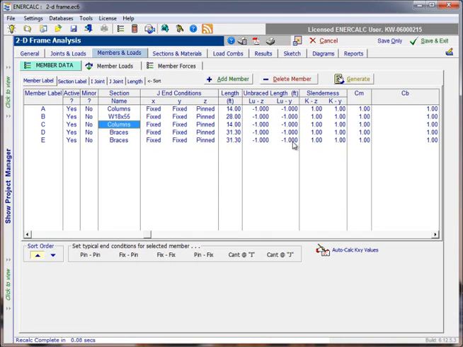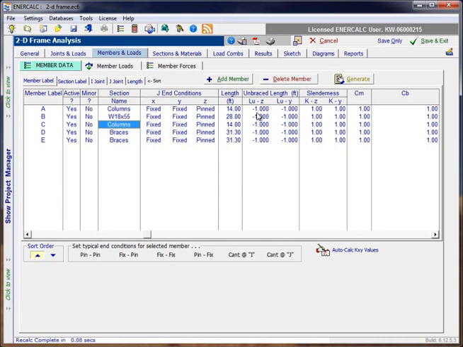By default, the members come in with values of unbraced length set to a -1. The -1 indicates that the full length of the analytical member will be considered to be the unbraced length. So if that's our design intent, then we don't have to do anything with those values. We can just leave them at their full unbraced lengths.